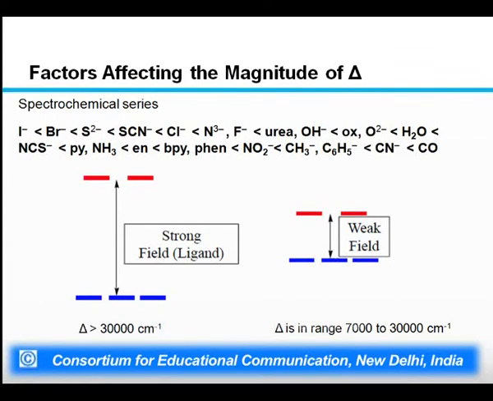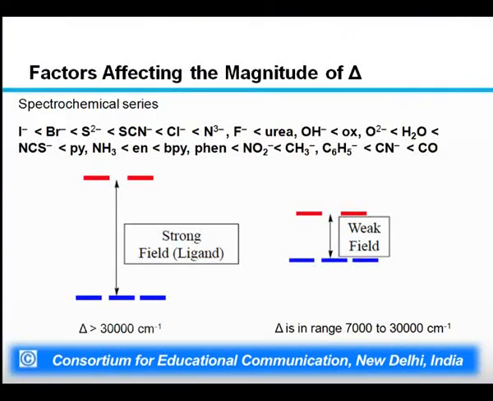Now, the problem with the spectrochemical series is this: one of the assumptions of the crystal field theory is that it is because of an ionic interaction between the metal and the ligand. So, if the ligand is charged, the electrostatic interaction or repulsion should be more. But if you look at the series, most of the anionic ligands are weak field ligands.